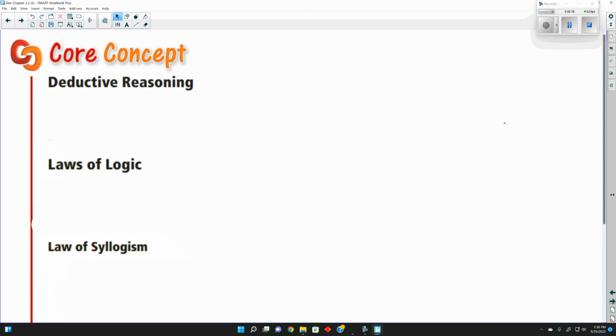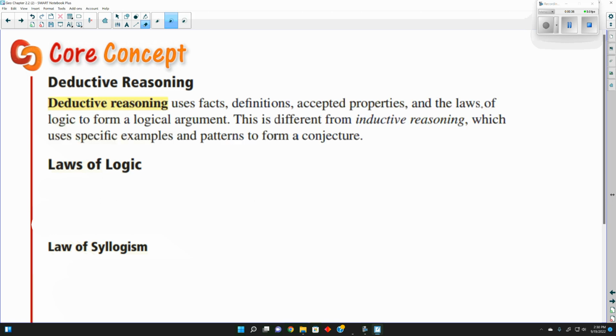So what we're looking at today is deductive reasoning. Inductive reasoning was looking at situations or using patterns to make a statement. Inductive is patterns. Deductive is going to be facts. We're using facts, laws, and logic to form a logical argument.